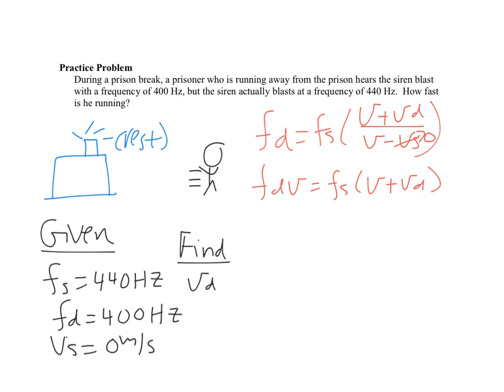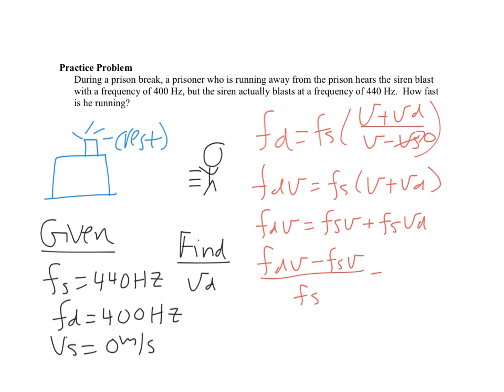Just brought the V over to the other side. Let's isolate Vd. So FdV equals FsV plus FsVd. FdV minus FsV over Fs equals Vd.